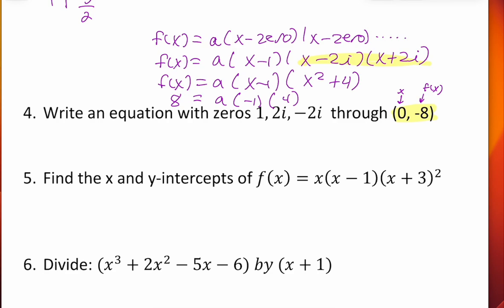Well, 0 minus 1 is -1. 0 plus 4 is 4. Now, if you forgot to do this piece, you would get a -2i times a positive 2i, which ends up being 4 anyway. So even if you don't do that piece, you'll still get it to work. And then you end up with something nice. You get -8 equals -4a. And to solve for a, just divide everything by -4. So a is 2.